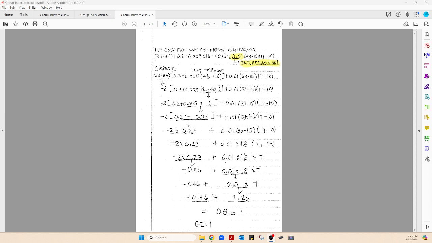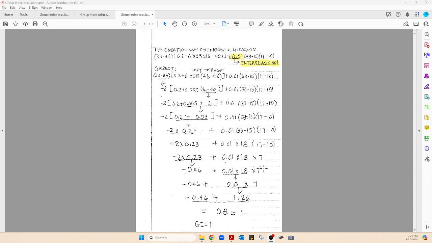So we get that when you take 0.18, this would be 7. When you take, and I'm getting rid of the parentheses right here, leave 7. If you take 0.18 times 7, what do you get? We get 1.26. That's the answer.